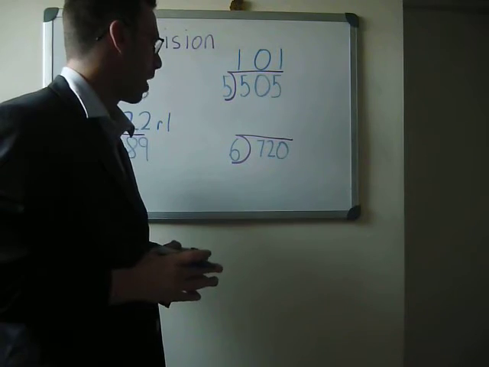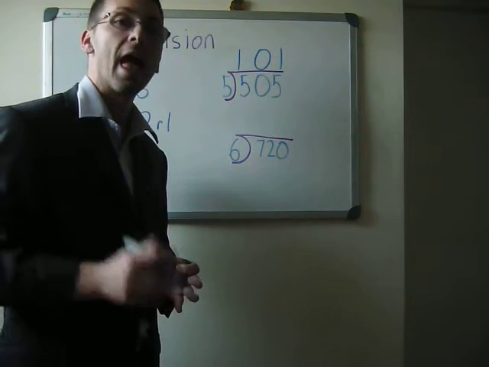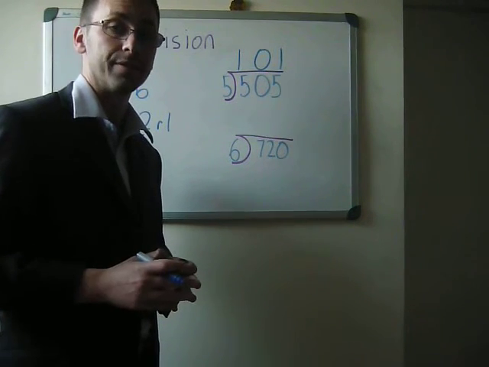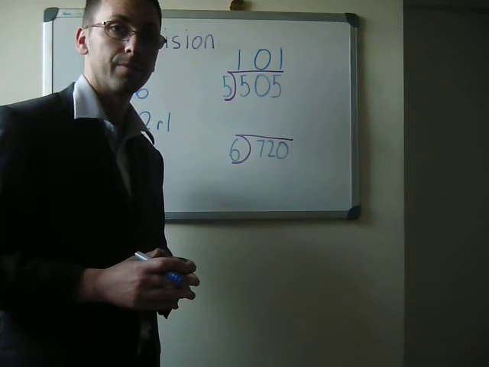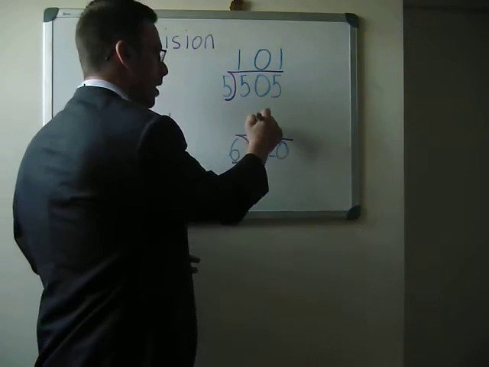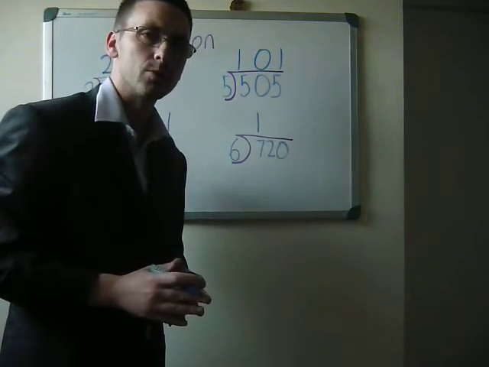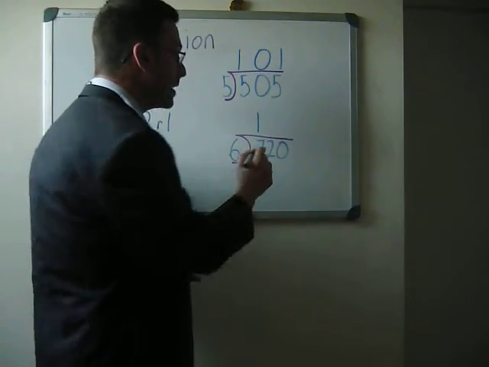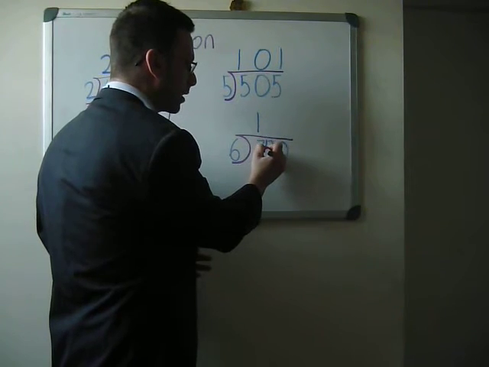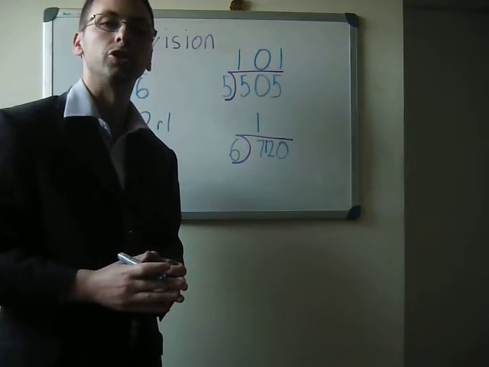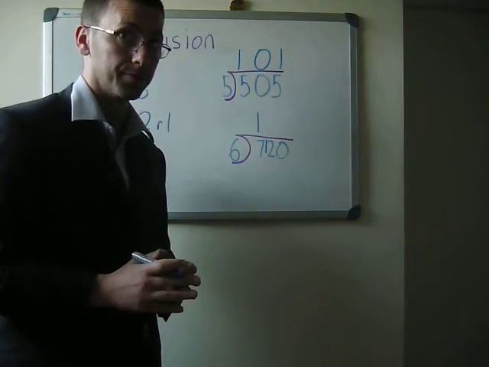720 divided by 6. How many 6's are in 7? 1. Well done. But look at this. 6 times 1 is 6. Remainder 1, but this remainder comes here, and that goes to a 12.